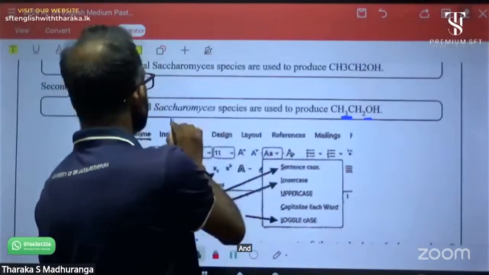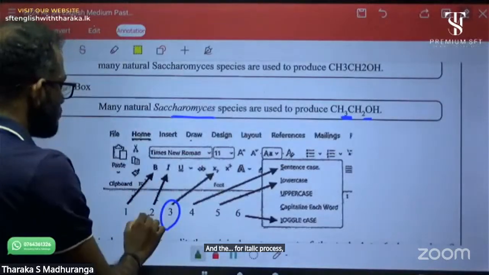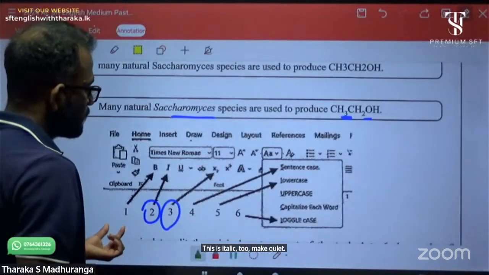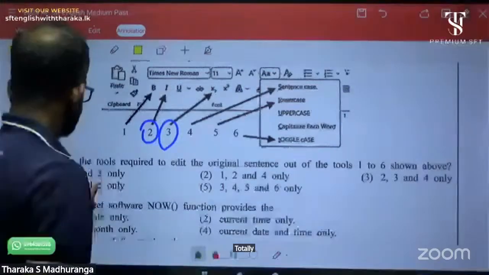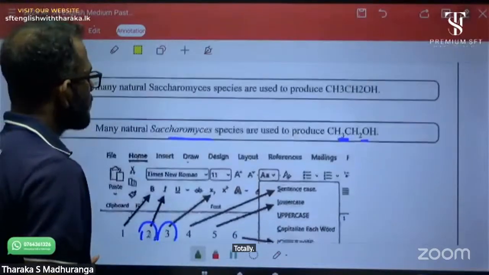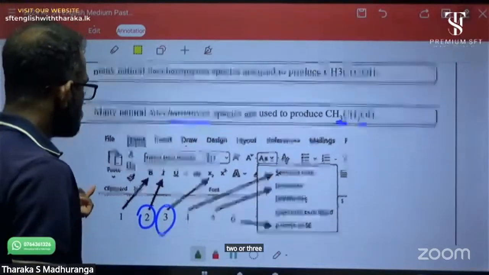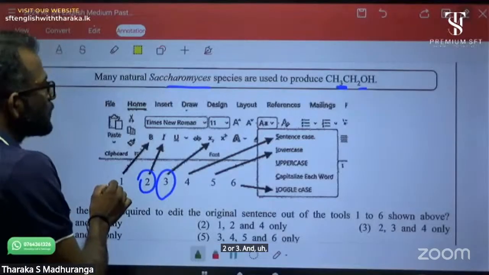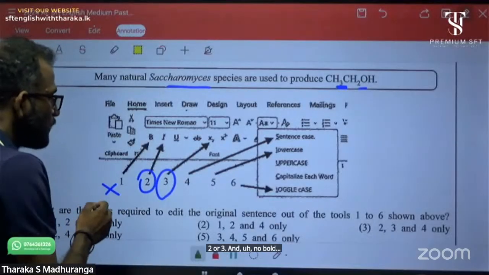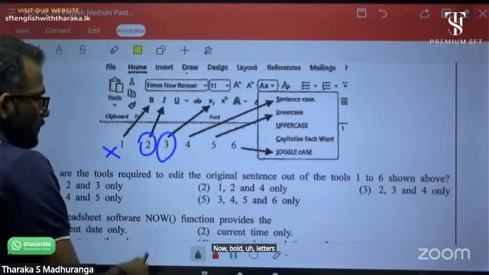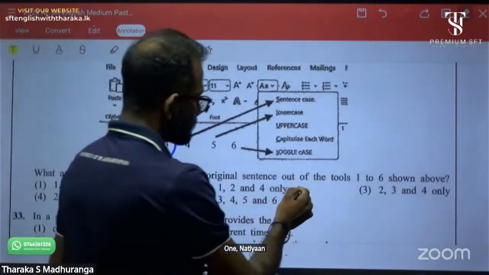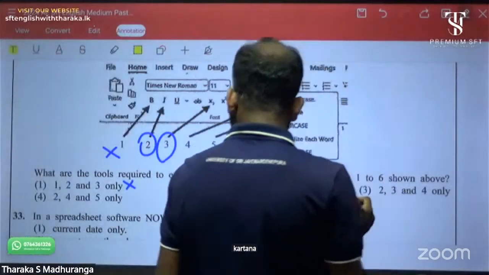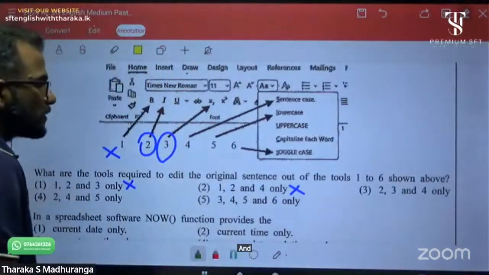And for italic, tool 2 is required, so 2 and 3. And there are no bold letters, therefore we don't need 1. If we pick an answer without 1, it's right. And 2 3 is correct.